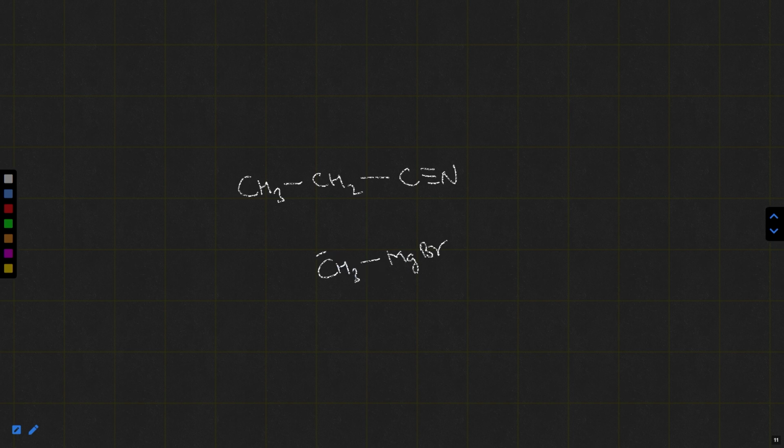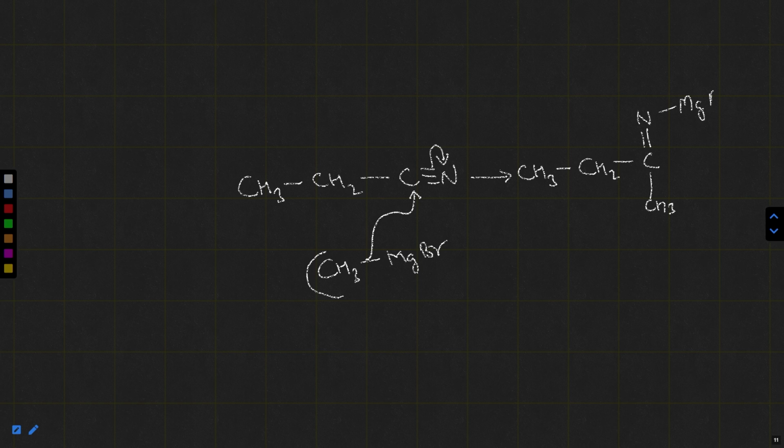Again this will act as a nucleophile, so this will attack here. This will move here. What would it result in? CH3CH2CH3 and double bond N MgBr. It would result in this kind of substrate.